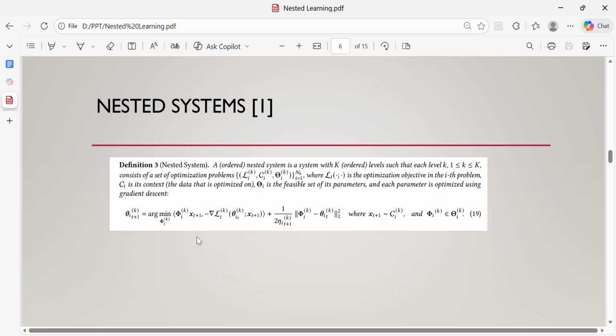So there are two indices: k for the level and i for the problem, where C_i is its context and Theta is the feasible region. So this is what the optimization problem looks like, right? This is a nested system of K levels.